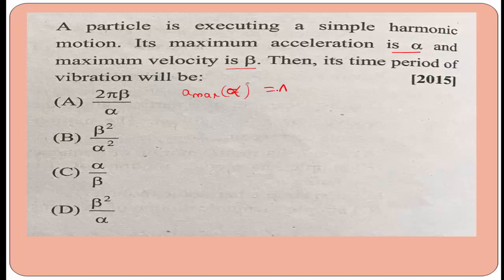Alpha is equal to a into omega square. That is equation number 1. And maximum velocity, instead of v maximum symbol we use the beta. Maximum velocity beta is equal to a into omega. This is equation number 2.